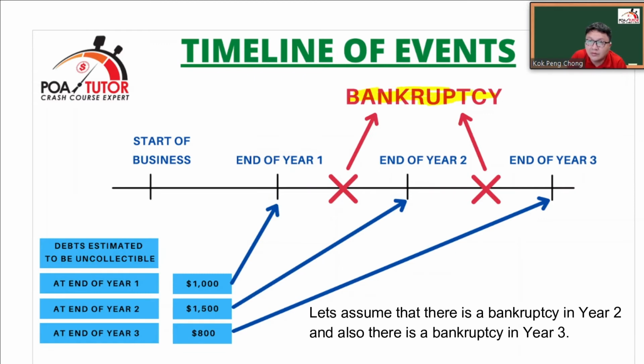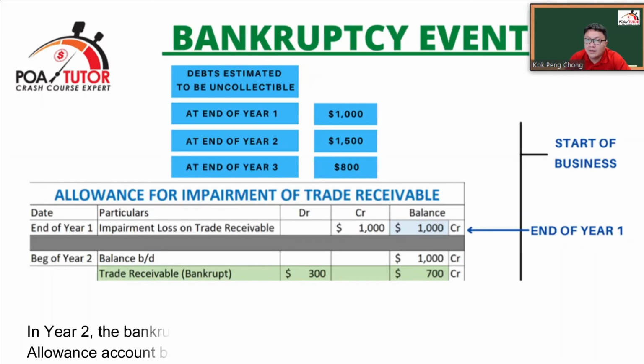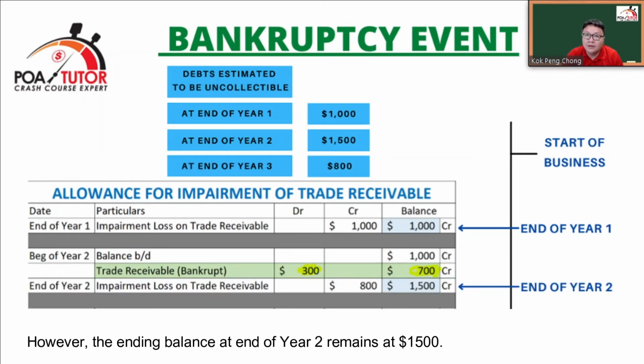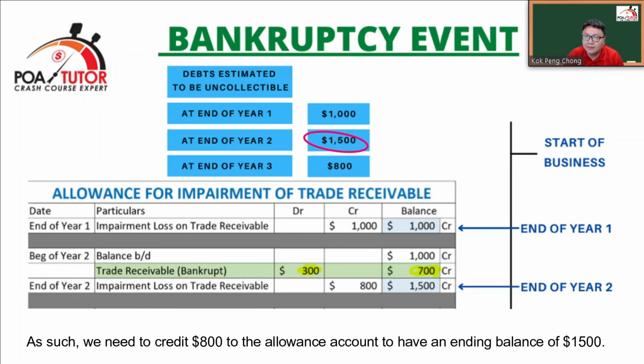Now let's add bankruptcy to the timeline. Let's assume that there is a bankruptcy in year 2 and also there is a bankruptcy in year 3. In year 2, the bankruptcy of 300 will reduce the allowance account balance to 700. However, the ending balance at the end of year 2 remains at 1005.